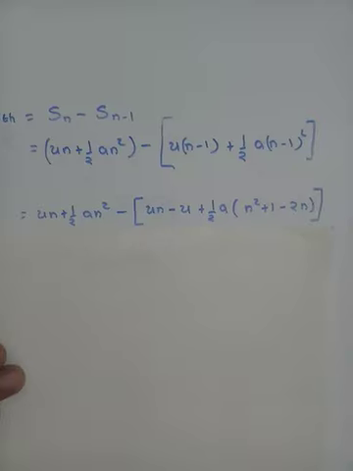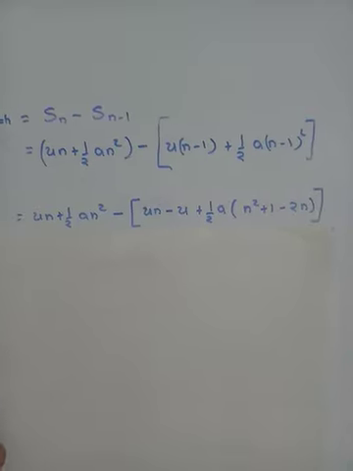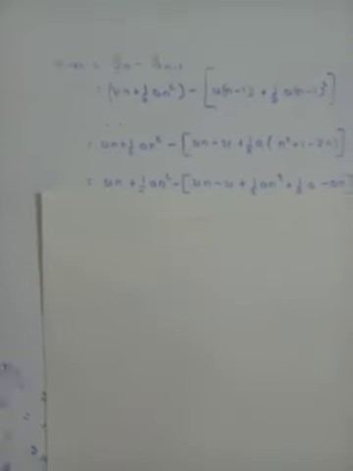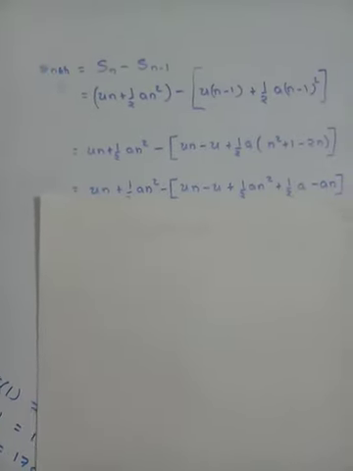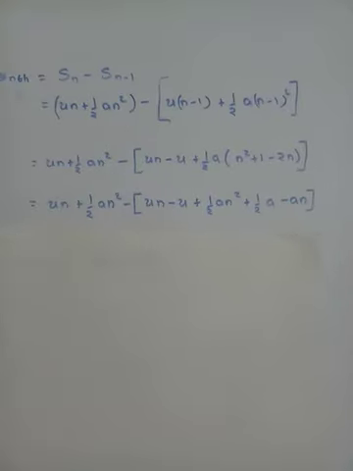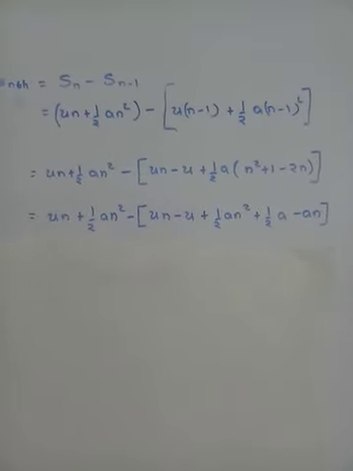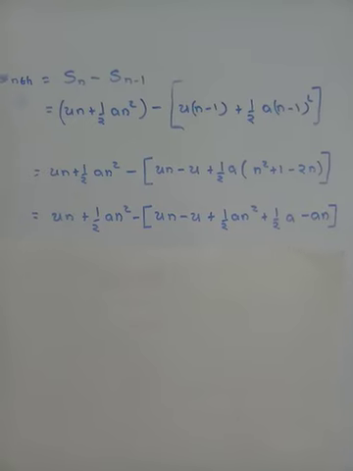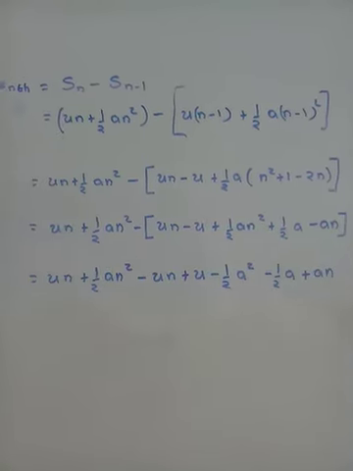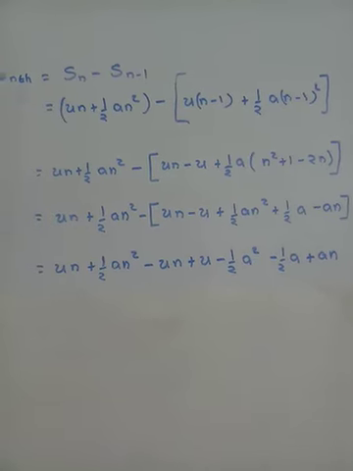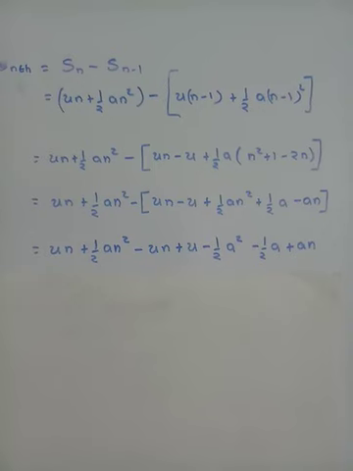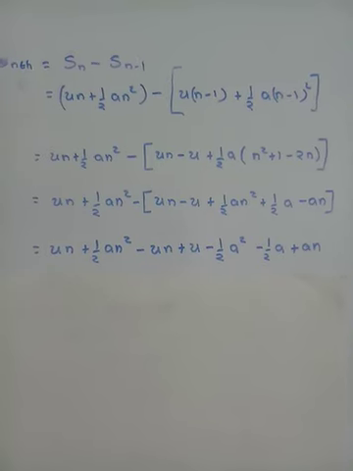Same with this expansion. The next step, open the brackets, go for a simplification. Again in the next step, open this bracket. You have to do it carefully. Maths requires a lot of attention, a lot of care, otherwise a small mistake of sign can ruin your answers.